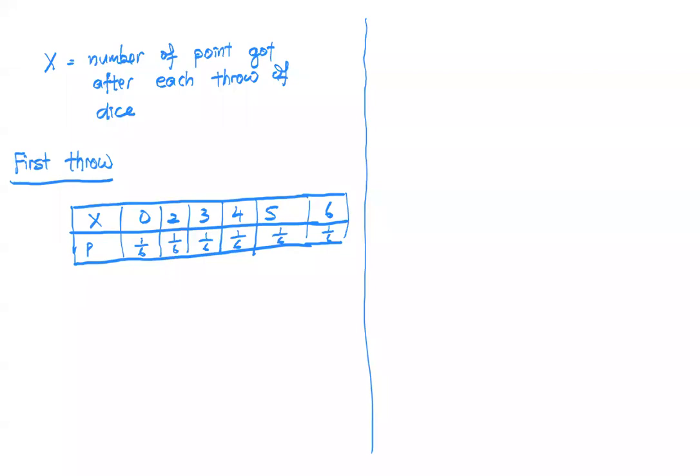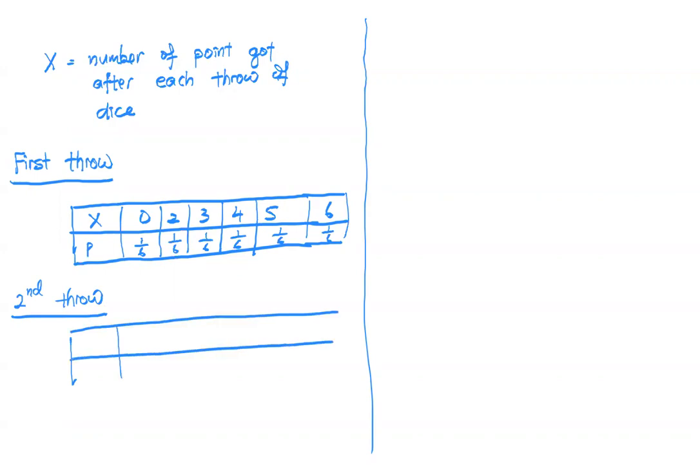So now I talk about my second throw. In my second throw, the point X is also 0. Why is it 0? If I throw a 1, all my points are gone. Do you get me?